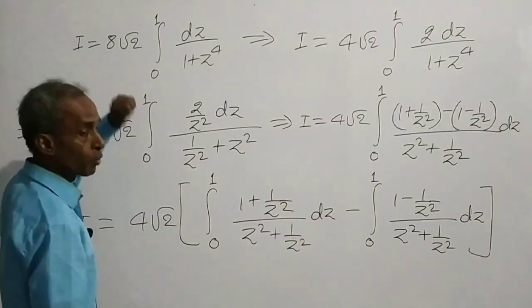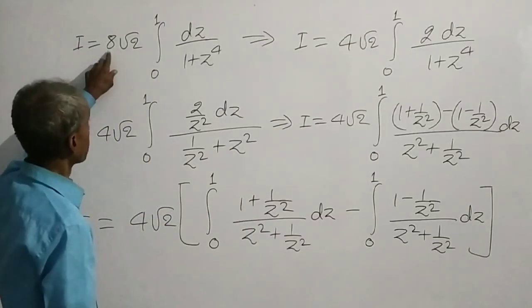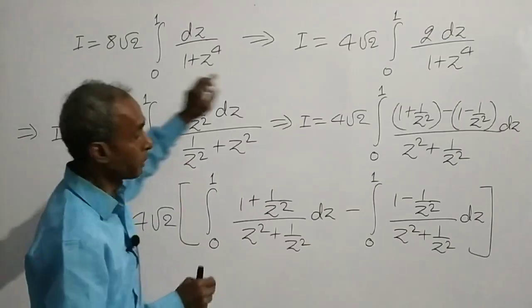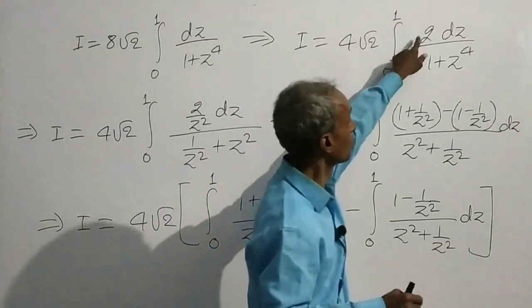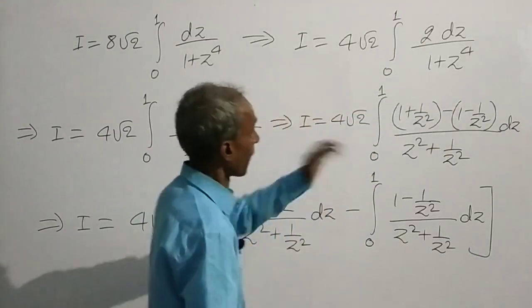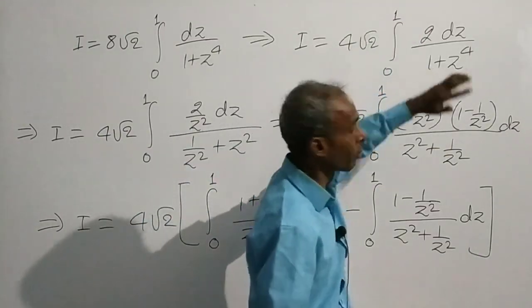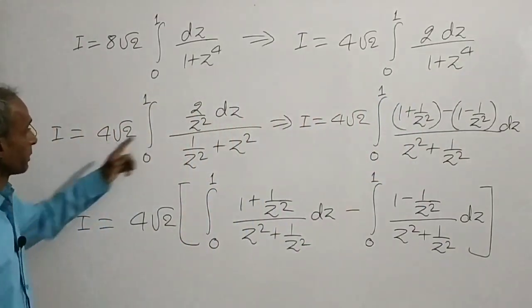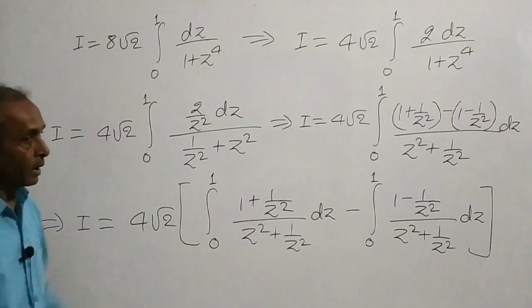Here is 8 root 2. 8 can be written as 4 times 2. We write 4 here and 2 here. Now divide numerator and denominator by z square. Then I becomes equal to this.